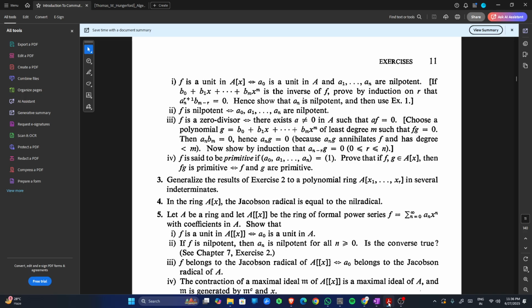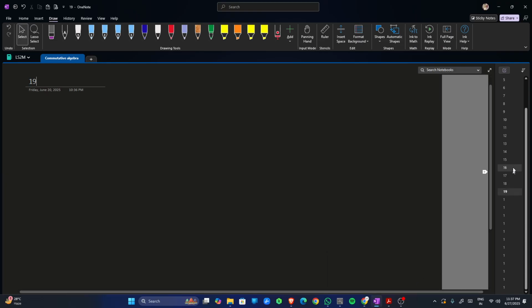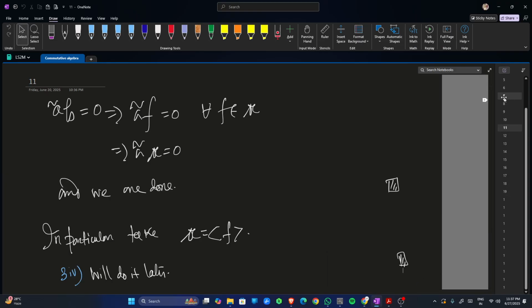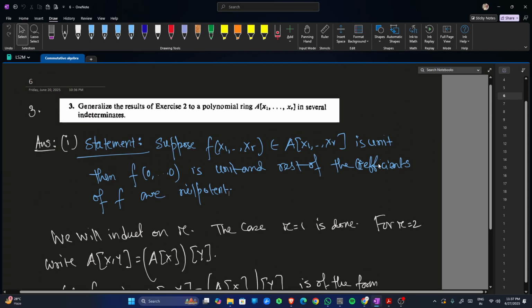Okay, so now we need to generalize these results. We already proved the first one, that if a several variable polynomial is a unit, then the constant part is a unit and the rest of them are nilpotent.